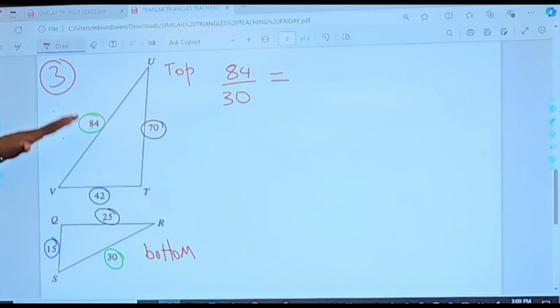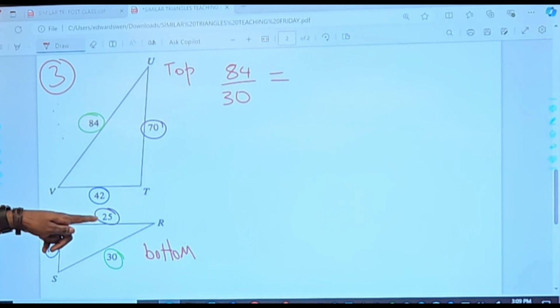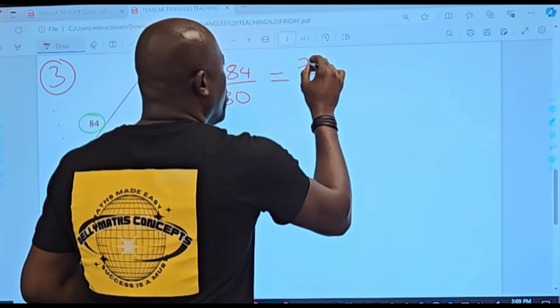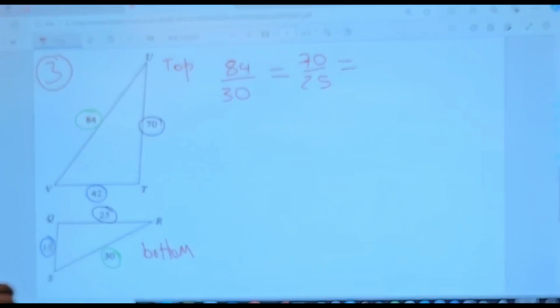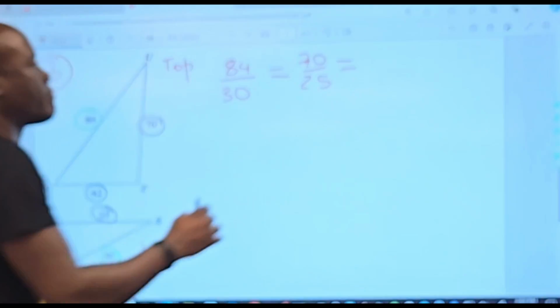Can somebody give me another pair? 70 to 25. So 70 to 25, which should equal to, lastly, 42 to 15.